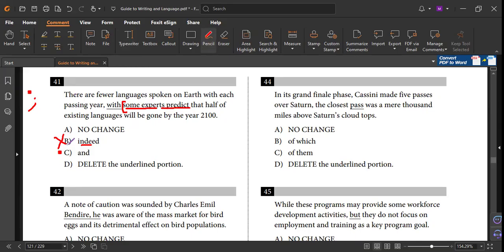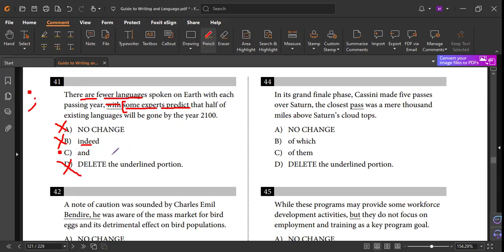If you wanted to use A here, it's wrong because of a comma splice. Complete, comma, complete. Verb, subject, and verb, subject. So two complete clauses joined by only a comma is wrong. If I delete it, it's the same mistake of comma splice. Complete, complete. So D is wrong.